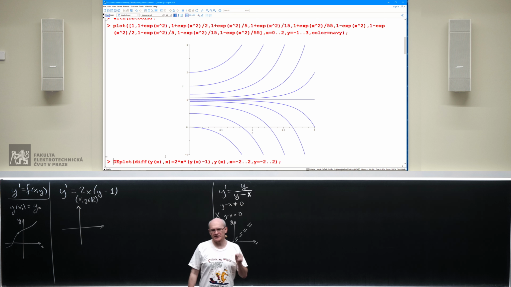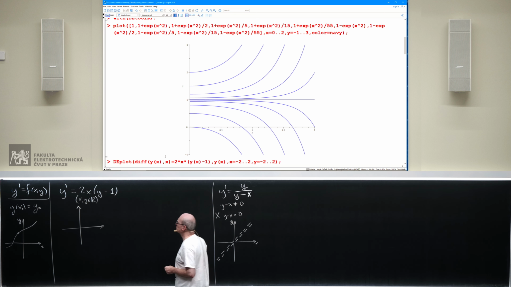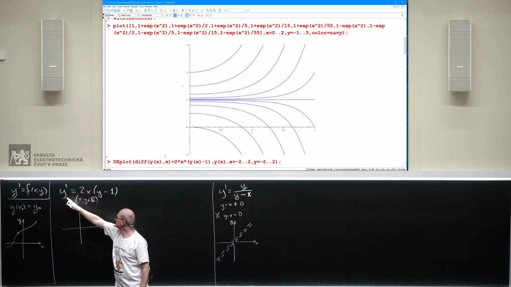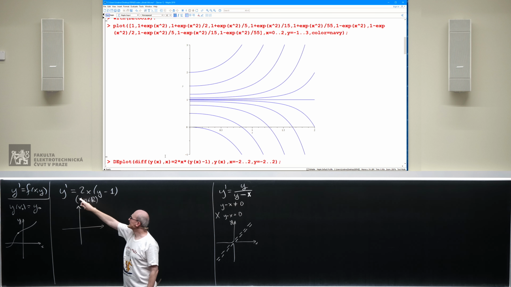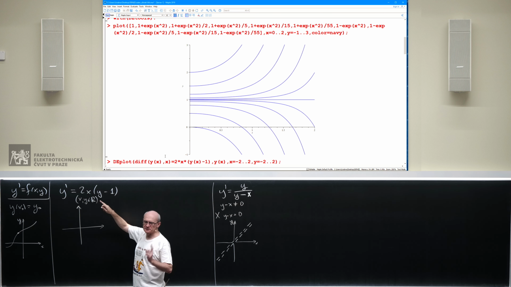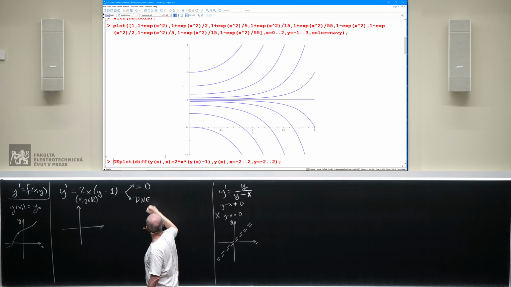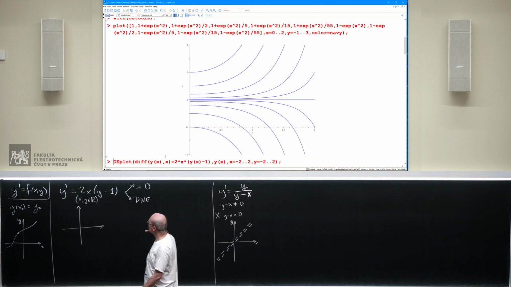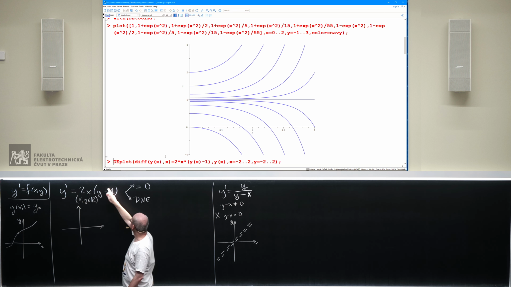And exactly the same thing will be happening here in the case of two variables. I have a function of two variables, which is providing me with the derivative. And I will have dividing curves, not points now, and they will be given by two possible cases. One case is when the derivative is 0, and the other case is when the derivative does not exist. These are the two possibilities. So, could it happen that the derivative does not exist?